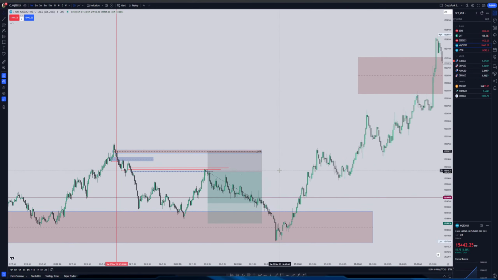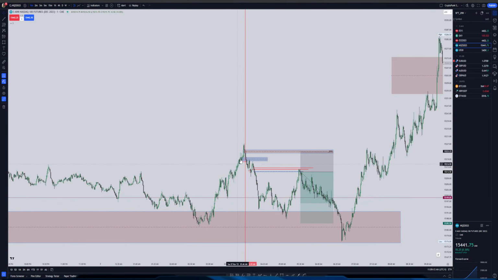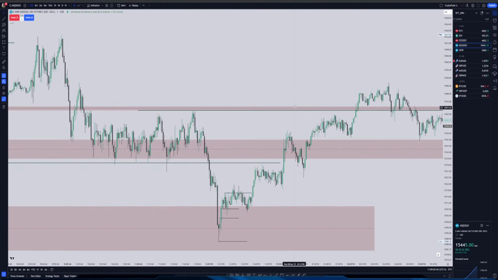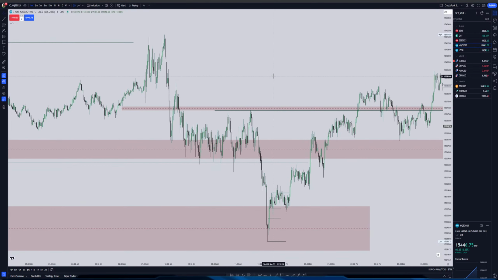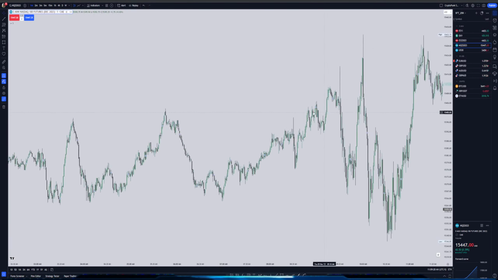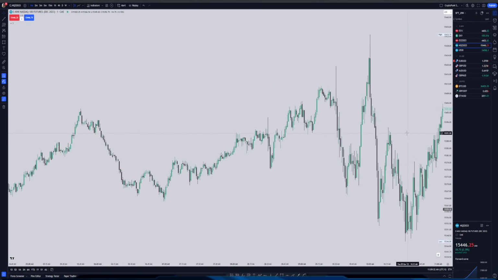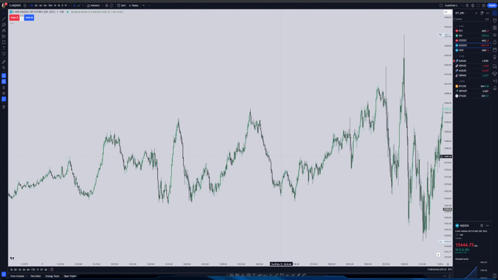Anyway, this is what happened during the silver bullet, which I already showed. It took the previous sessions, and if it's with the bias, it's even higher probability. What was the bias during this silver bullet? I don't know if you remember or not, but from the daily, the bias was towards the sell side liquidity.